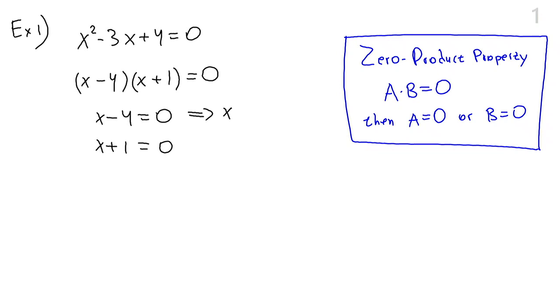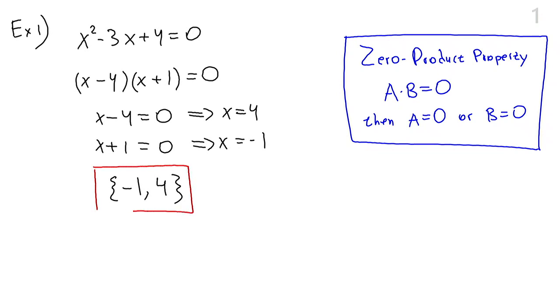So this gets us the solution x equals 4. This gets us the solution x equals -1. So the final solution set, and I can write it as a set with curly brackets, is -1, 4. You're always free to check the solution by plugging it back into the original equation and verifying that it indeed works.